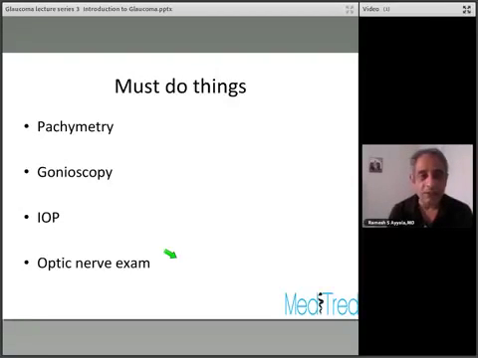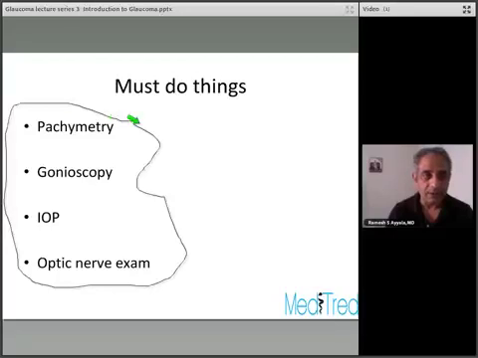All patients of primary open angle glaucoma by definition should have open angles. Elevated intraocular pressure is the leading cause of optic nerve damage, and optic nerve exam to demonstrate damage to that optic nerve. So every patient with glaucoma, I expect you guys to do all of these things. There is no way you can complete your examination of glaucoma without this.